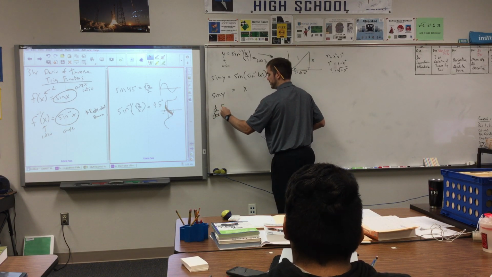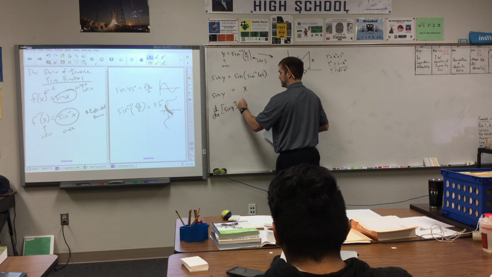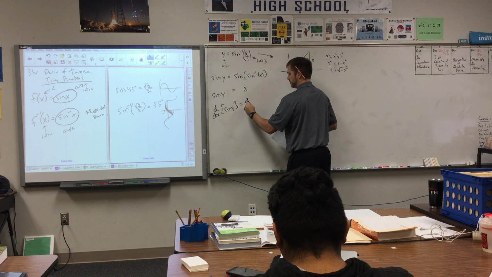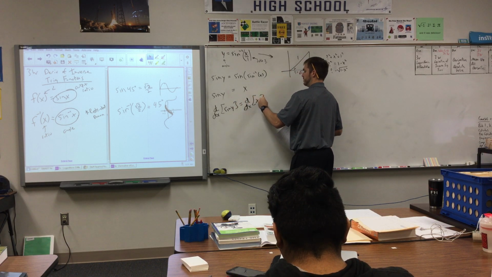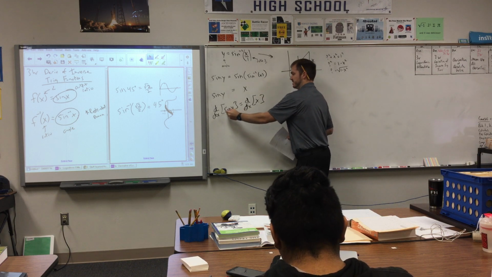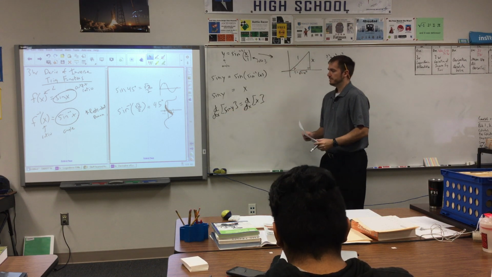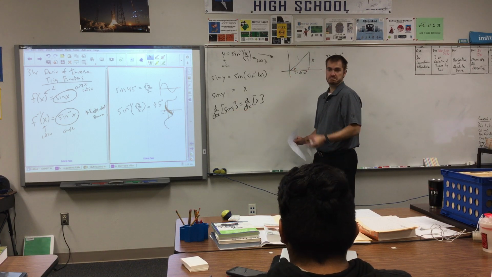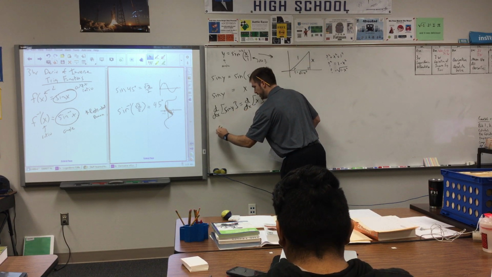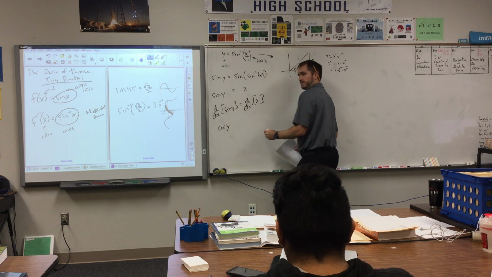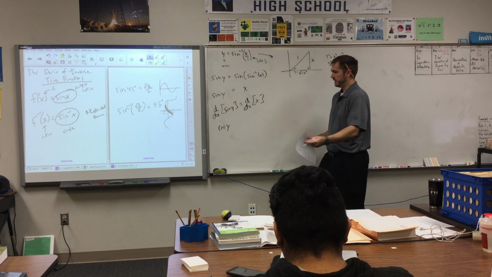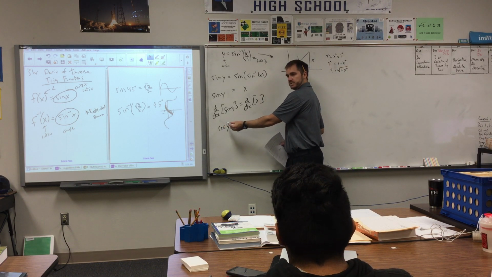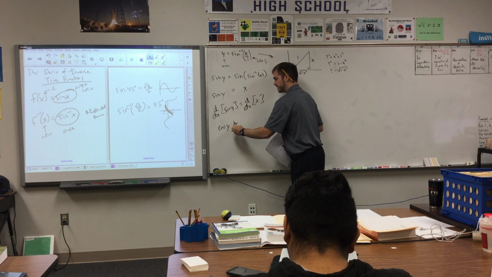Then we'll take the derivative of both sides. So what's the derivative with respect to x of sine y? Cosine y. Now y is a function of x, so times dy over dx.